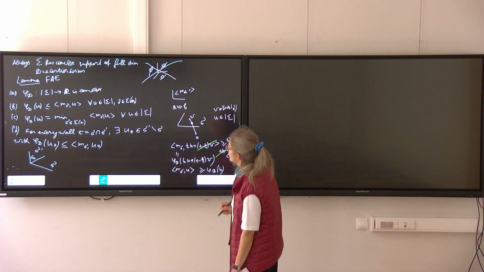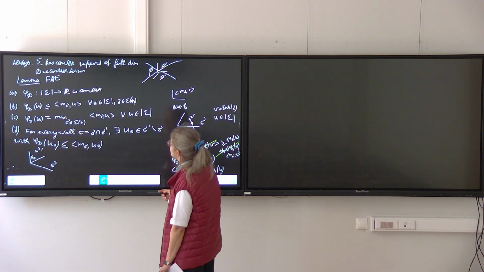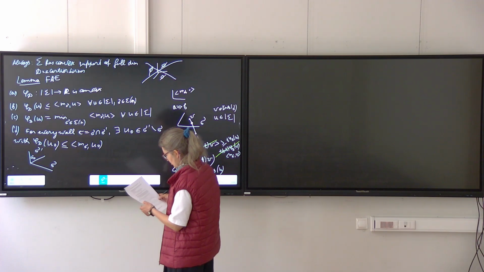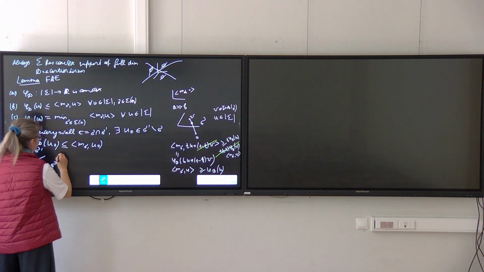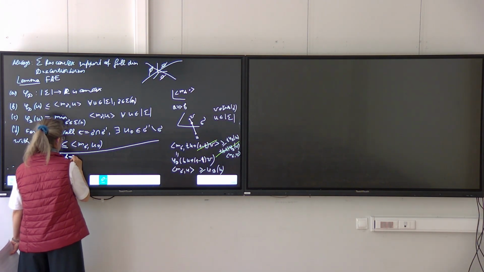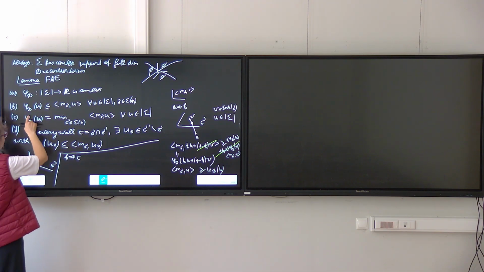Then B implies C. So if we take sigma containing u, then this will be equal to the scalar product.